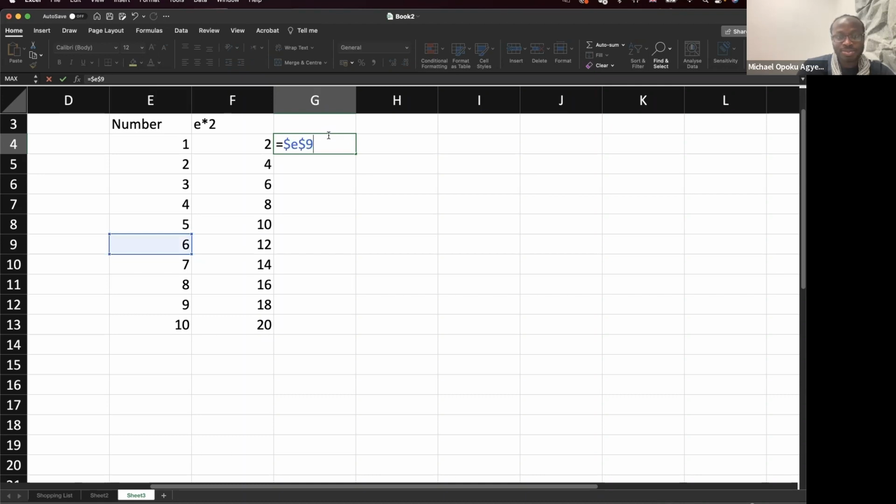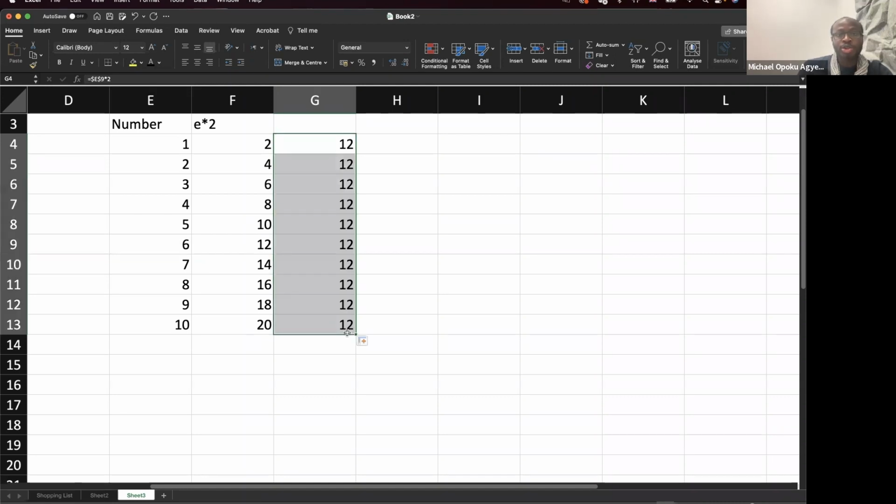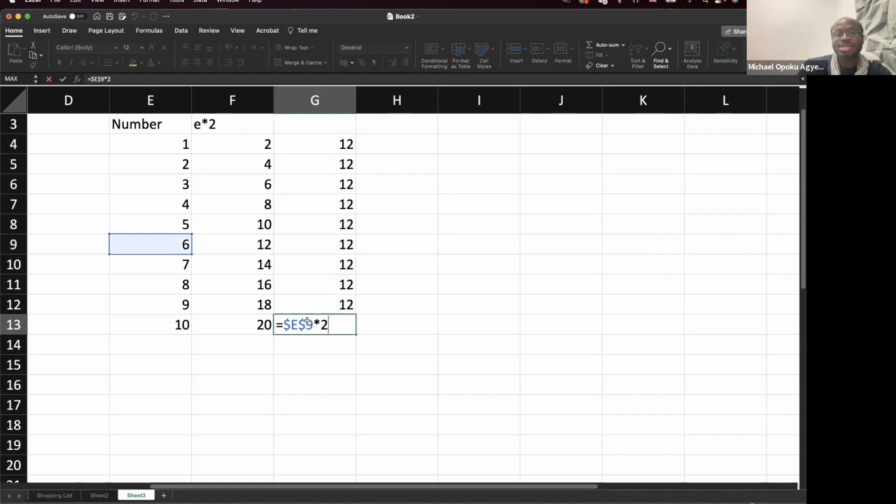Then you want to multiply it by 2. Then when I drag it around, you notice that it's still kept only E9. It's never changed the value. So we say no matter what you do, keep E9 and then multiply by 2.